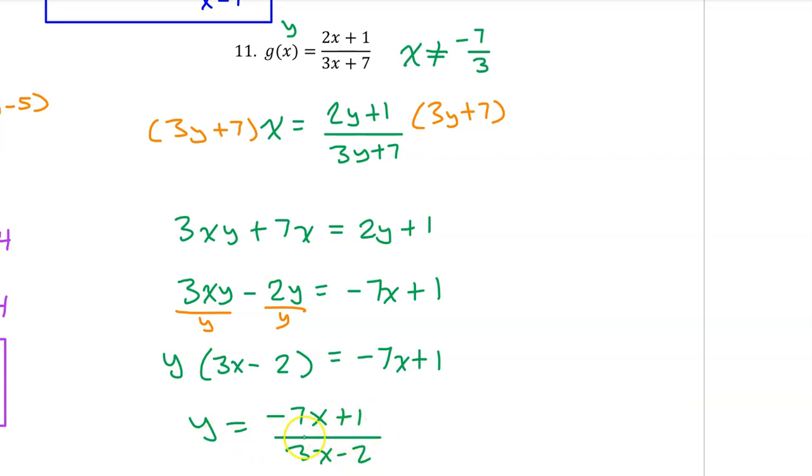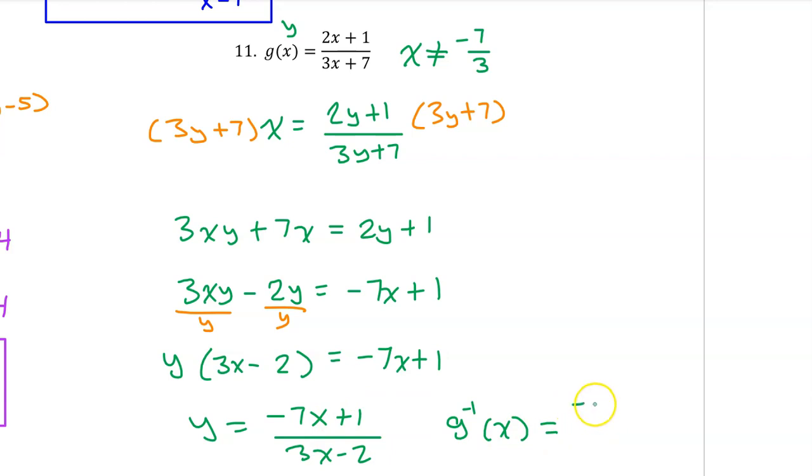This is the inverse, but I'm going to make two changes. Since the original function was called g of x, we should call the inverse function g inverse. Also, because the leading term is negative, I'm going to factor this negative out. This is not 100% required, but this is very common.